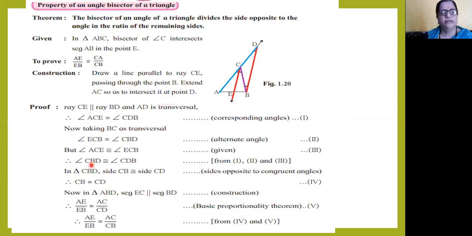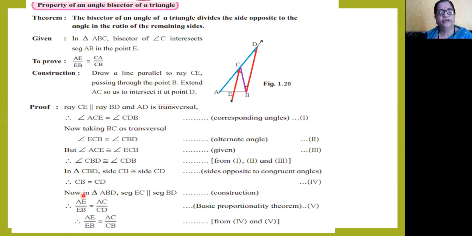And angle CBD is congruent to angle CDB, from 1 to 3. So next, in triangle CBD, side CB is congruent to side CD. These two sides are congruent because their angles are congruent.